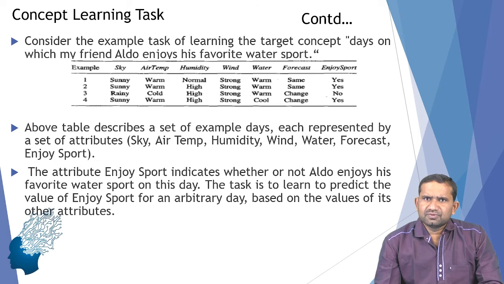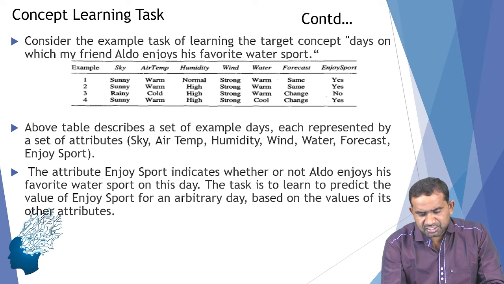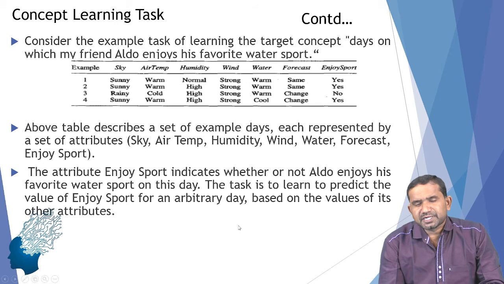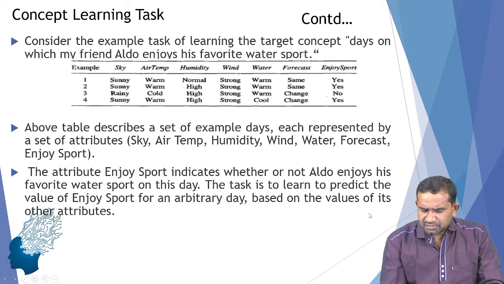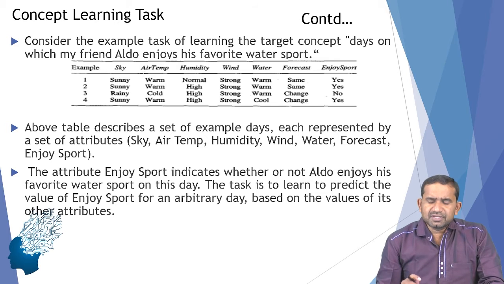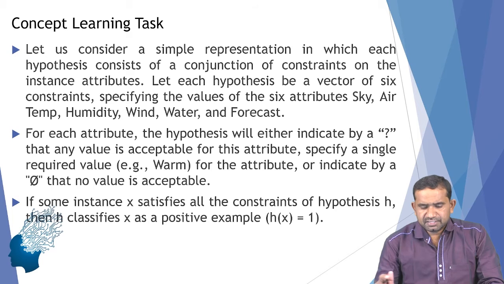The task is to predict the enjoy of water sports for a particular day based on the values of its other attributes. The enjoy sports days also depend on the other attributes and values.